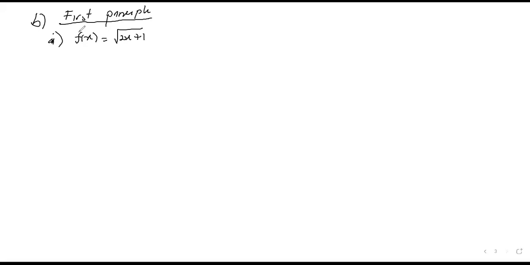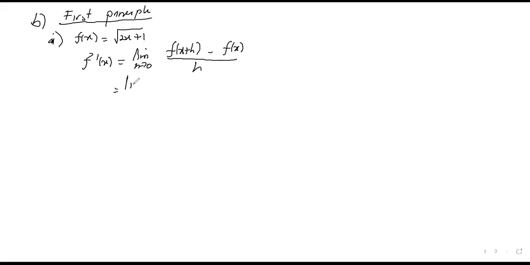To differentiate from first principle, you say f prime of x is equal to the limit as h goes to 0 of f of x plus h minus f of x, then you divide by h.